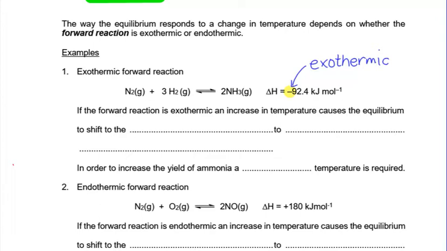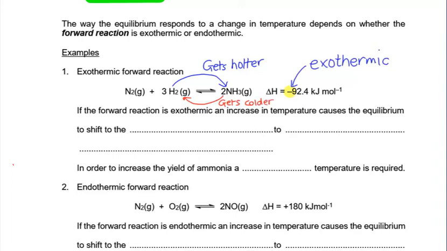So what does exothermic mean? It means that as we go from left to right, it gets hotter. That's what exothermic means. And the backwards version will be our endothermic direction. It's going to get colder that way.